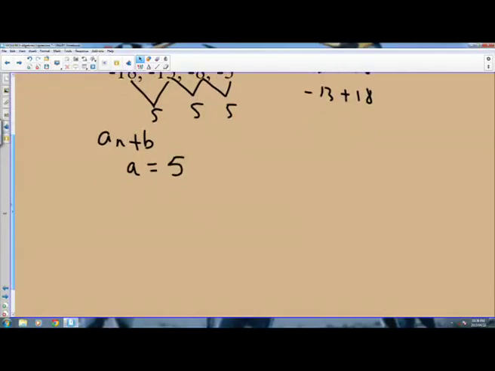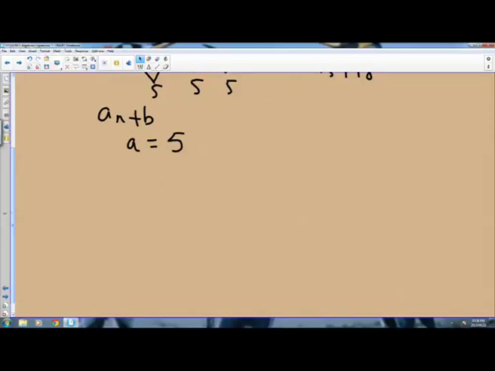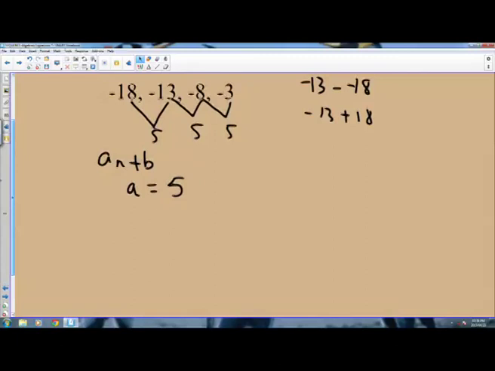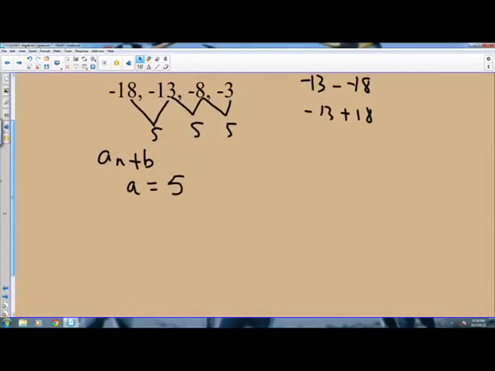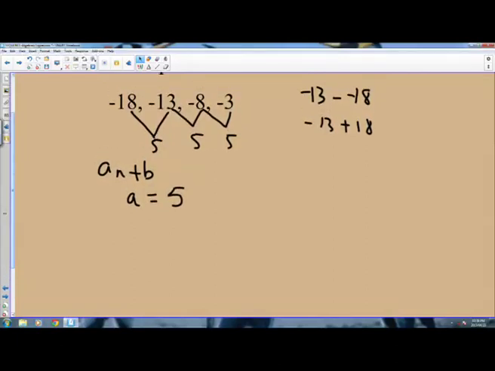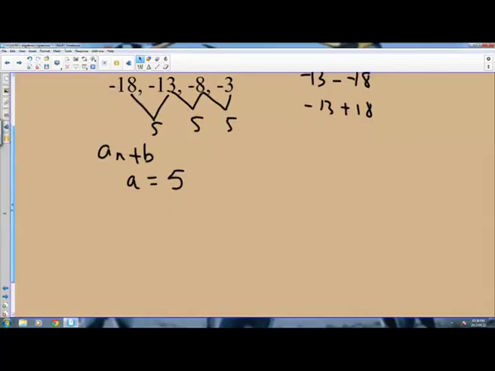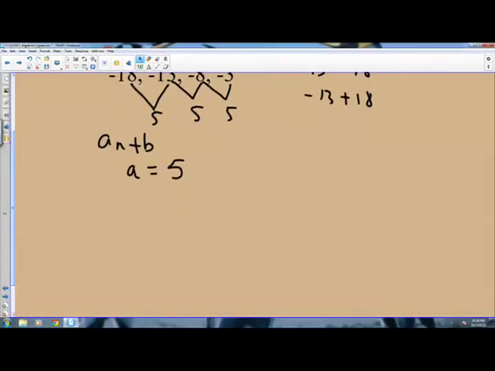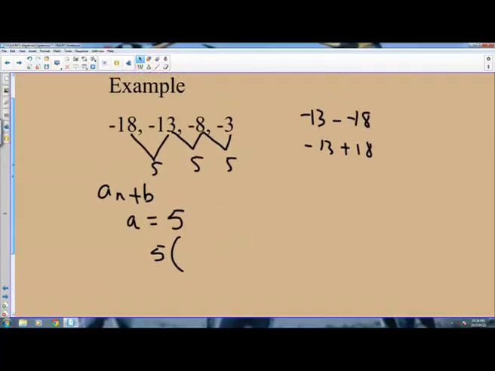And then remember, we are to find the specific algebraic expression for this sequence: minus 18, minus 13, minus 8, minus 3. Our a is 5. Then what will be b? To find b, we'll say 5, which is the value of a, times... You can take the term at any position. Let us take the term at position number 2.